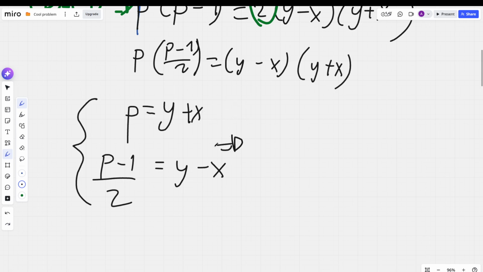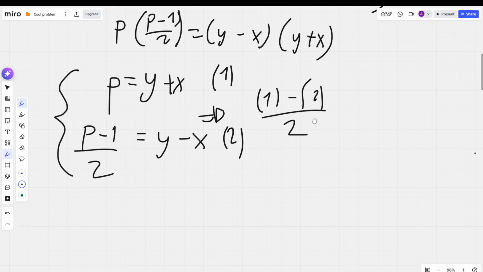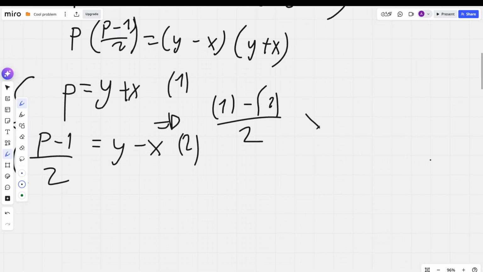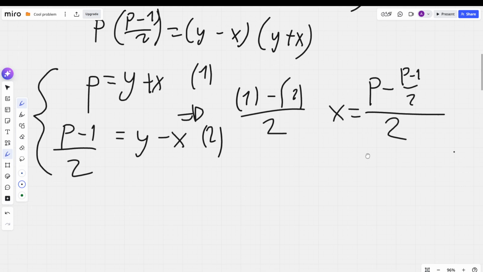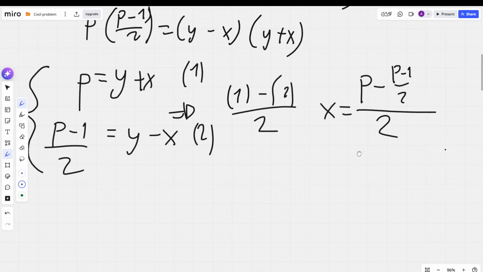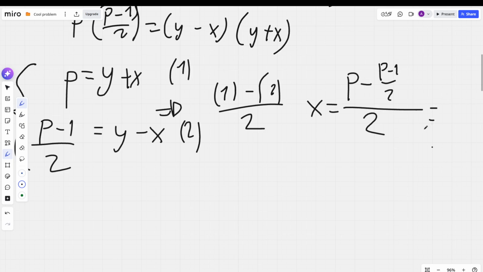Subtracting these equations and then dividing by 2, we get that x is equal to p minus 1 over 2, and that is equal to p plus 1 over 4.